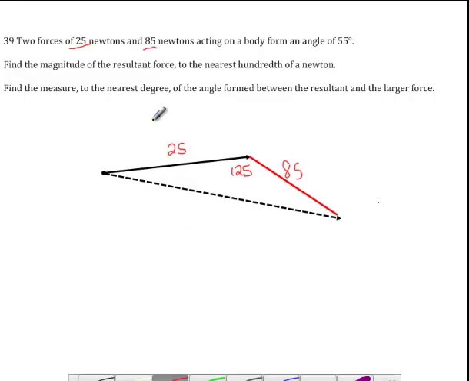Okay, so now they wanted me to find the magnitude of the resultant. So I wanted to find x here. And now we're back to trigonometry. Trigonometry says to find missing sides we use law of cosines or law of sines. And in this case, it's law of cosines.